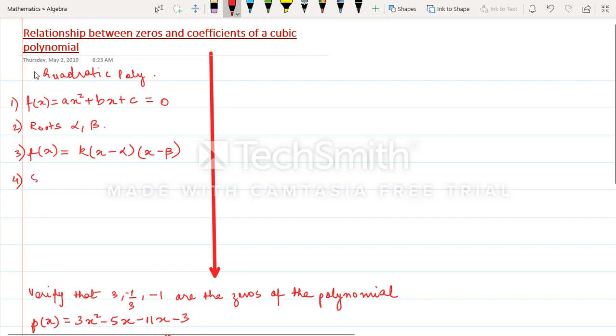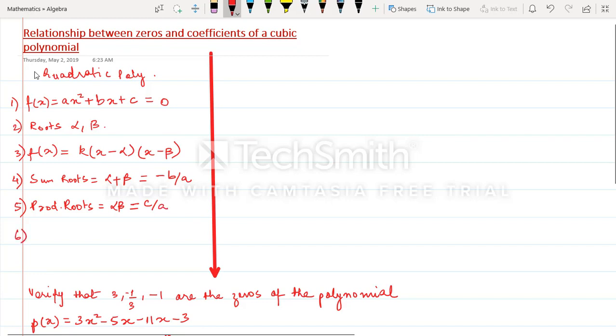The fourth point about a quadratic polynomial is that the sum of the roots is equal to alpha plus beta, and this is equal to minus b by a. The product of the roots is equal to alpha into beta, which is equal to c by a.